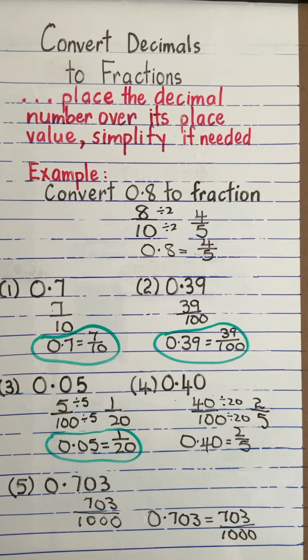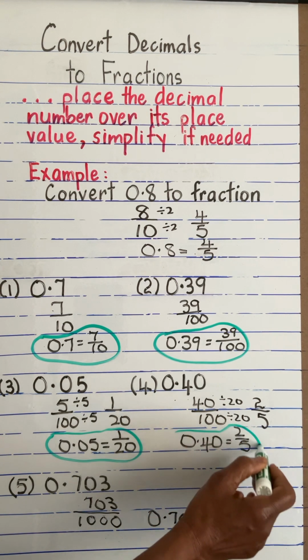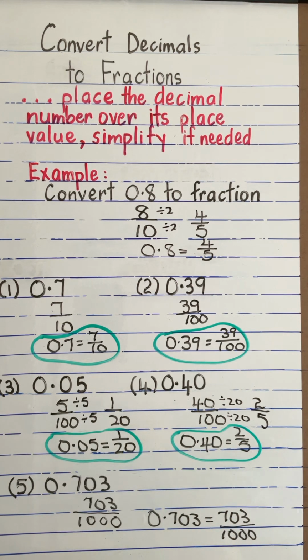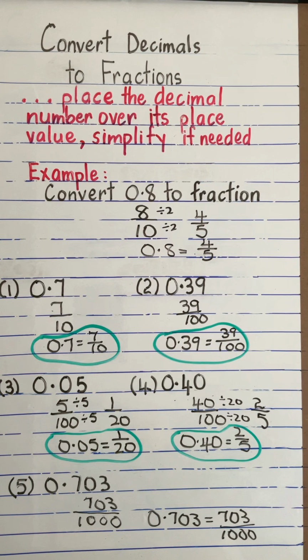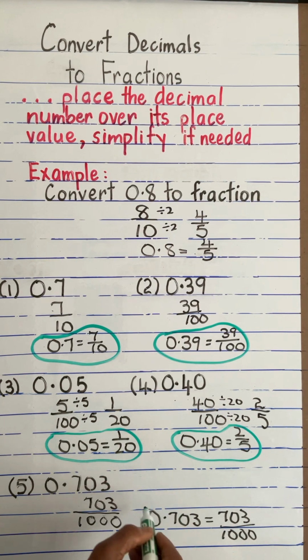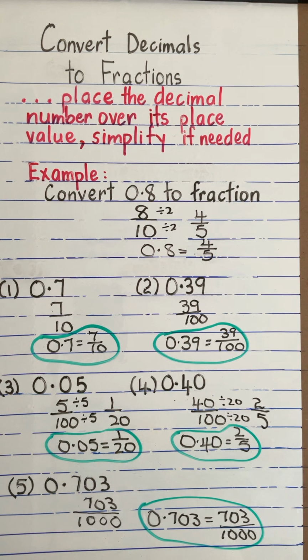And 0.40 is equal to 2/5. And 0.703 is equal to 703 over 1,000.